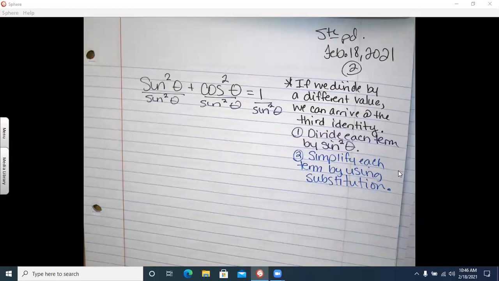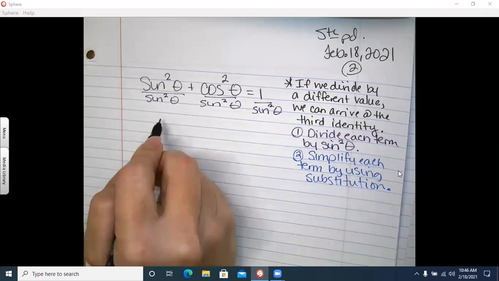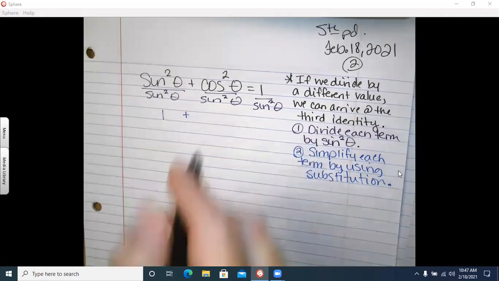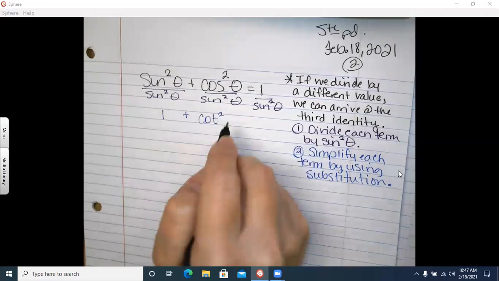All right. What is sine squared of theta divided by sine squared of theta? 1. Plus, could we substitute anything for cosine of theta divided by sine of theta? Cotangent of theta. But because these were both squared, it won't just be cotangent of theta, it will be cotangent squared of theta equals.